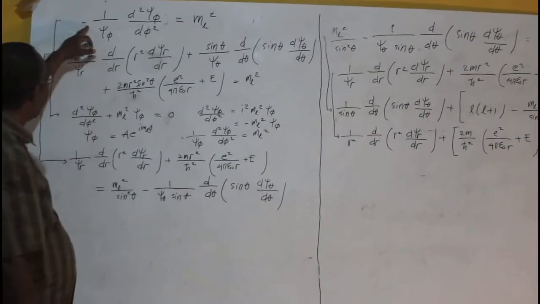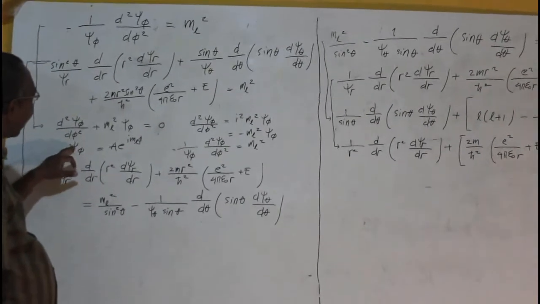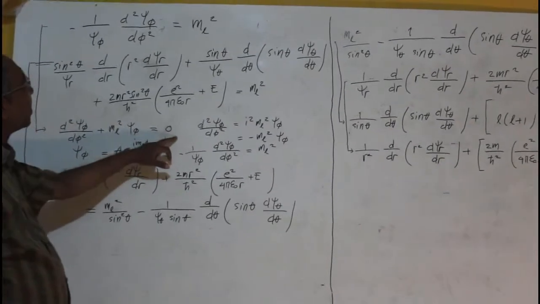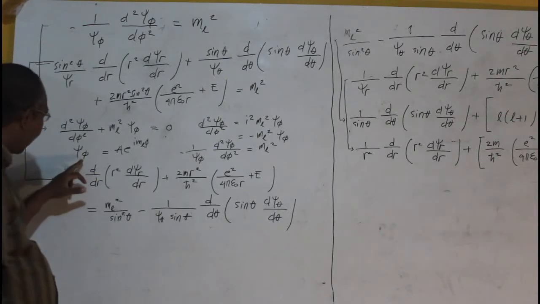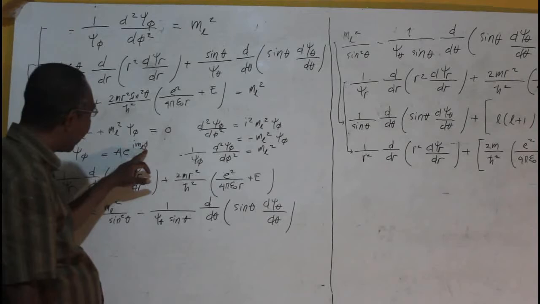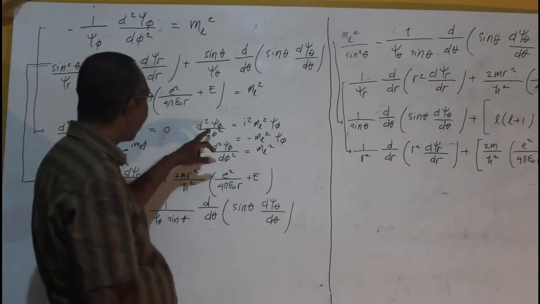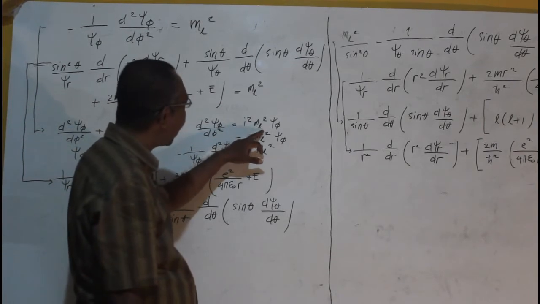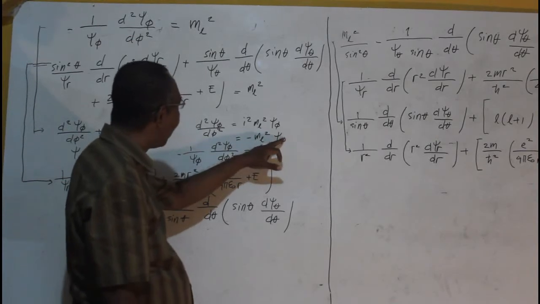From the azimuth part, we find that d²ψφ/dφ² plus ml² times ψφ equals 0. The solution of this equation is ψφ equals A times e^(i ml φ), because d²ψφ/dφ² equals i² times ml² times ψφ, or equals minus ml² times ψφ.